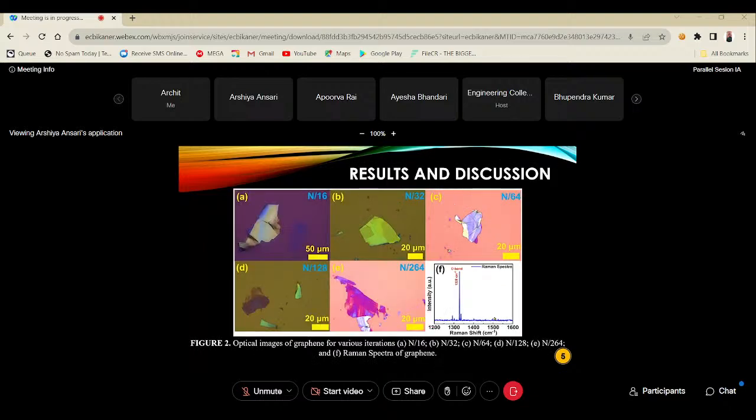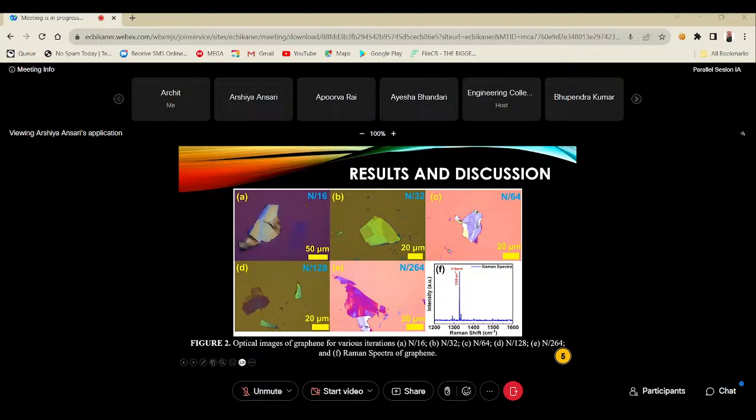Here we have the results. These are the optical images of graphene through various iterations. Capital N is the first layer of the graphene which we have obtained from the bulk graphite crystal. Then we do repeated exfoliation of these layers.